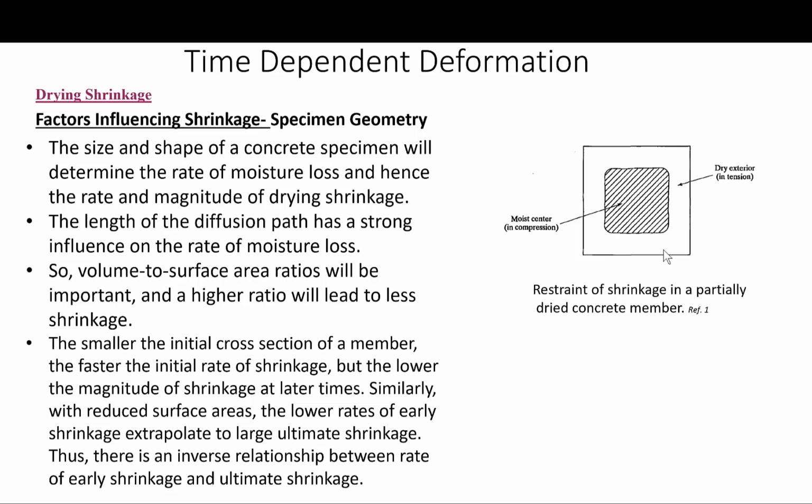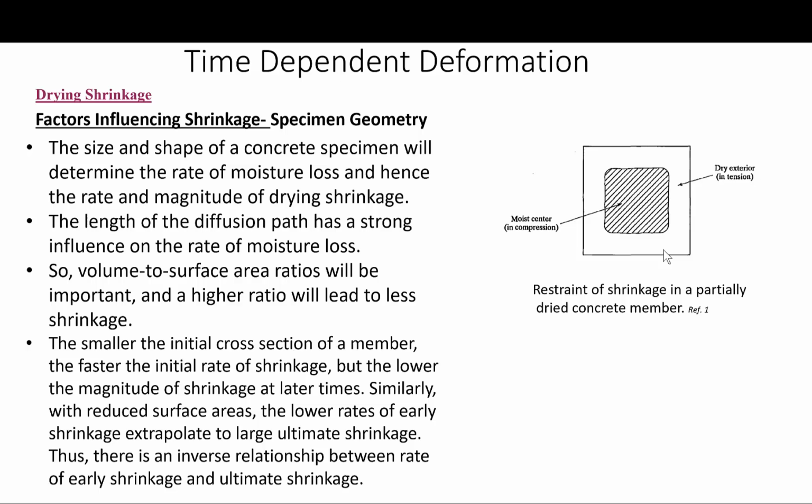The second factor that influences shrinkage is the specimen geometry. So the size and shape of a concrete specimen will determine the rate of moisture loss and eventually the rate and magnitude of drying shrinkage. The length of the diffusion path has a strong influence on the rate of moisture loss.